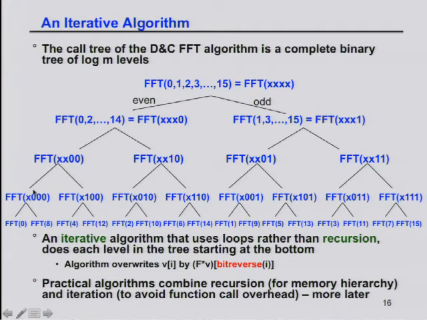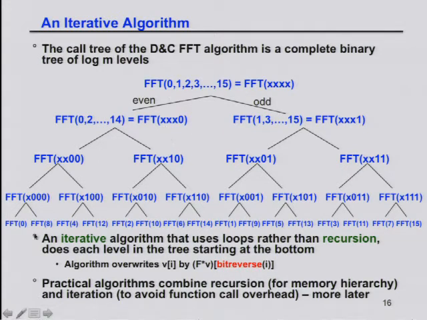It's 1, 0, 0, 0. Then 0, 1, 0, 0, that's a 4. And then 1, 1, 0, 0, that's a 12. So these consecutive neighbors at the bottom all differ in the first bit. They differ by 8. So I combine 0 and 8, 4 and 12, 2 and 10. Those are far apart in the original array, so I'm going to have to worry about that.